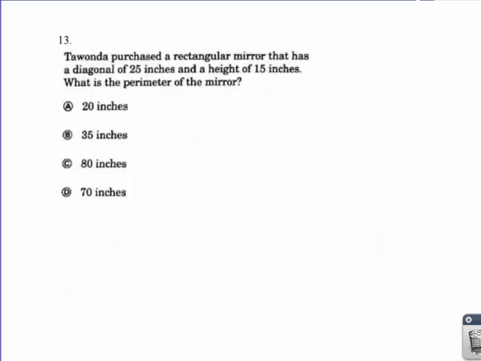One last question. Okay, now this one's kind of a visual question. It says, Tawanda purchased a rectangular mirror that has a diagonal of 25 inches and a height of 15 inches. What is the perimeter of the mirror? So the first thing I would do is draw the shape.